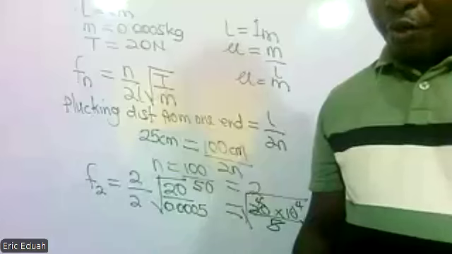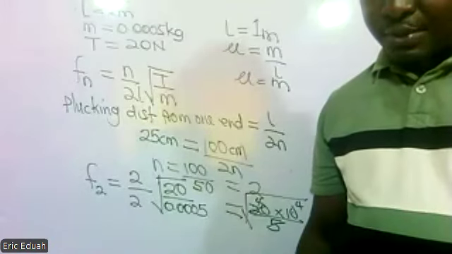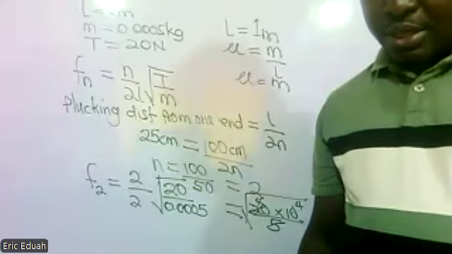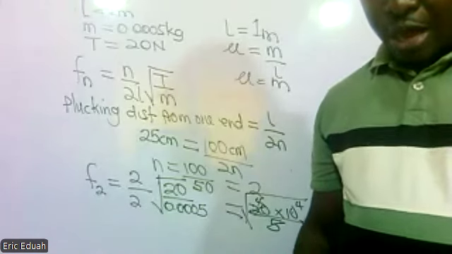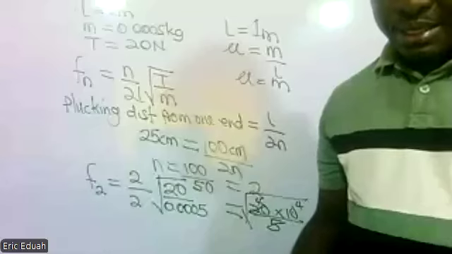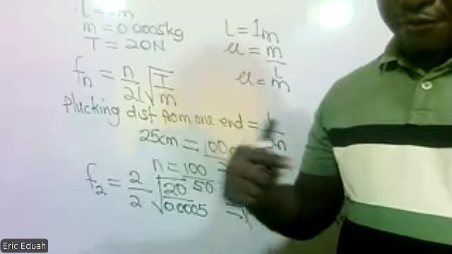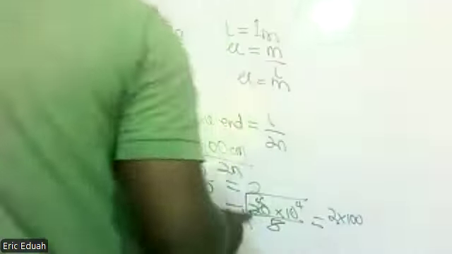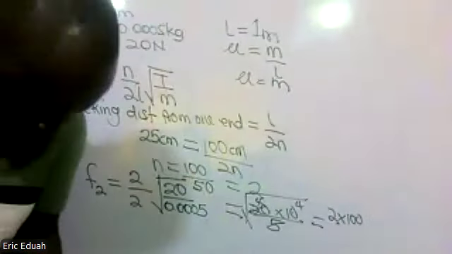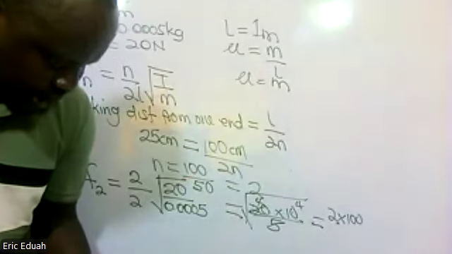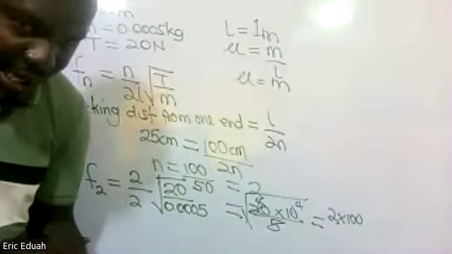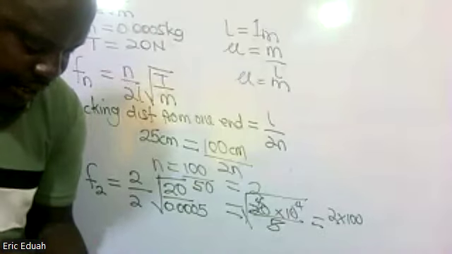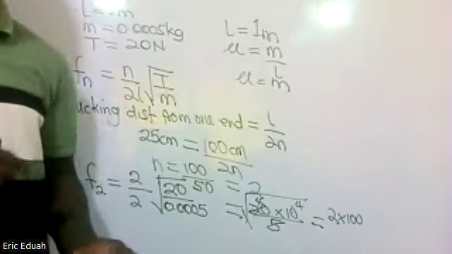The string forms a standing wave with successive nodes 5.0 centimeter apart. What is the frequency of vibration of the string in hertz?